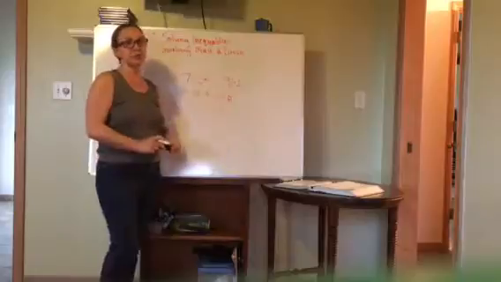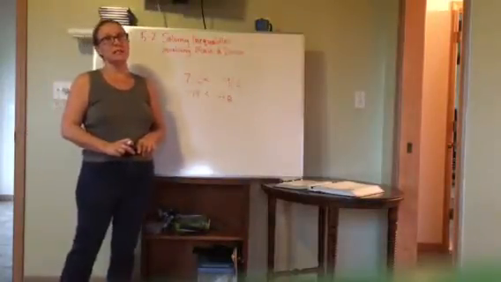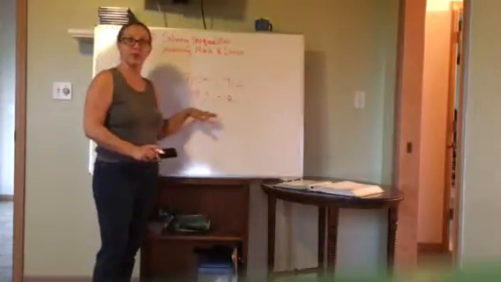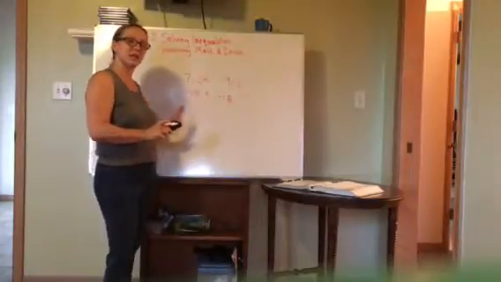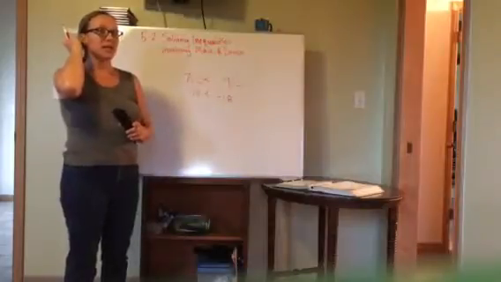Now, is that a true relationship? No, it's not. Hopefully you said no, it's not. Remember that the numbers on the negative side of the number line are just a reflection of the numbers on the right side of the number line.